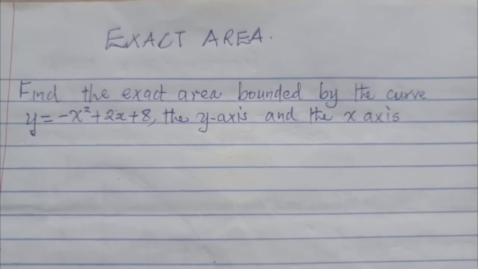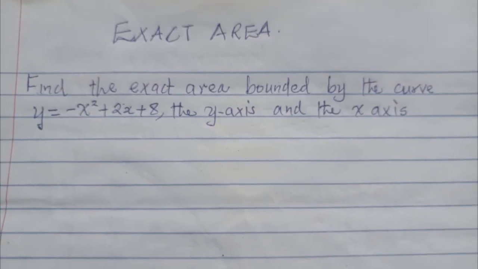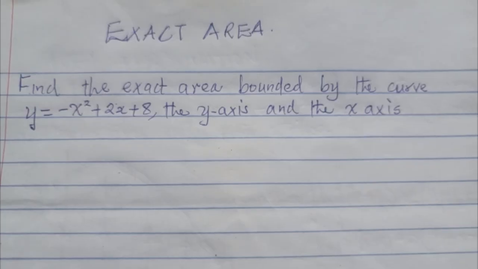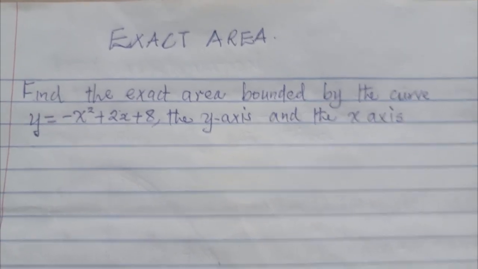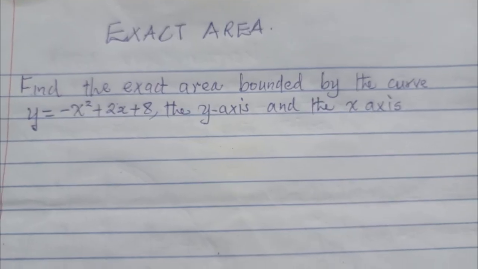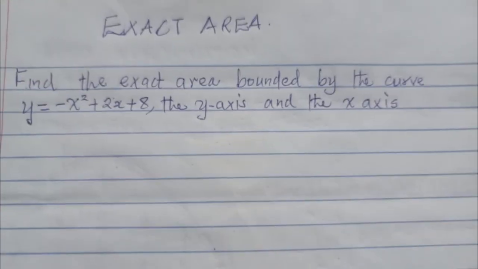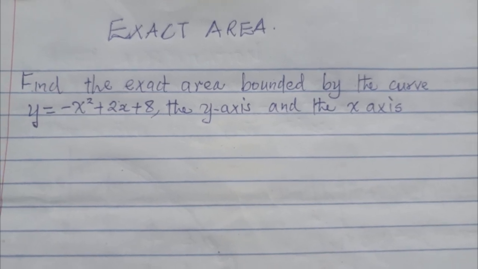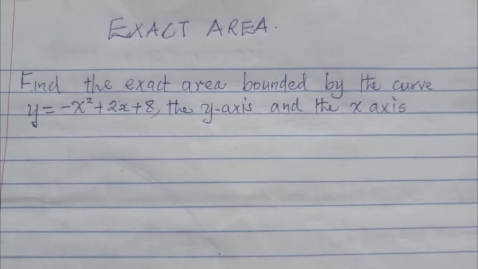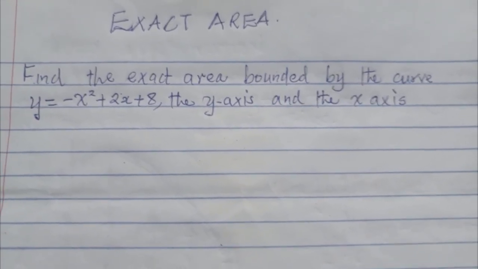As the name suggests, the two methods are methods of estimating the area of a surface, especially when the surface is irregularly shaped. Now, I want us to look at the same area that we've approximated by the two methods, but now trying to find the exact area.